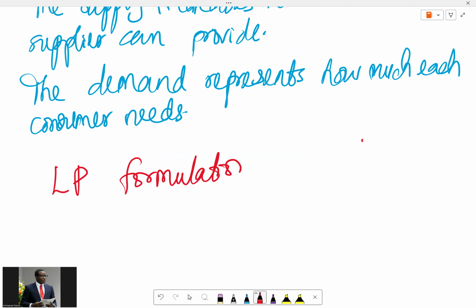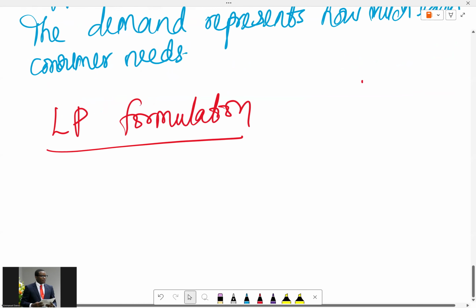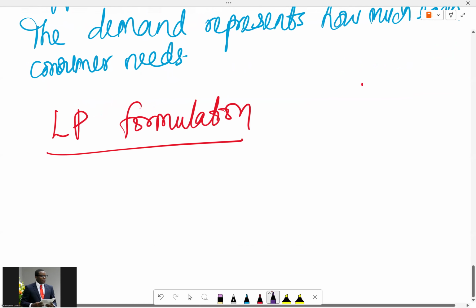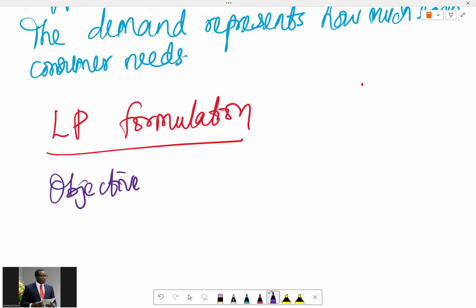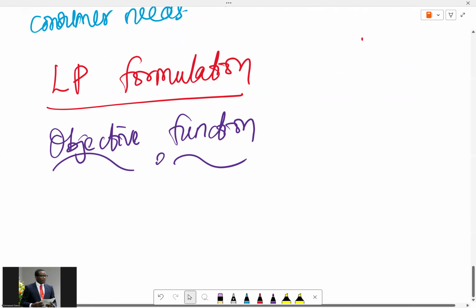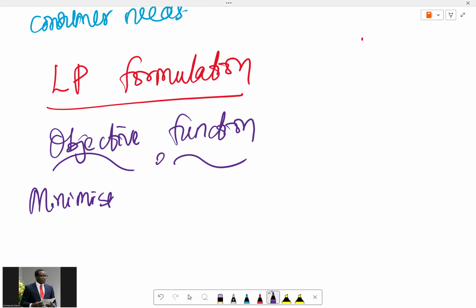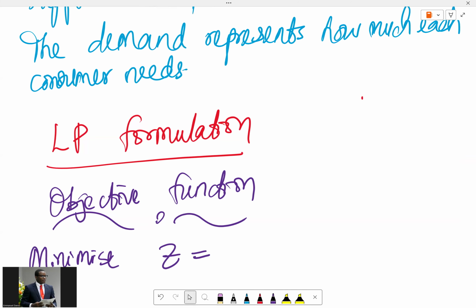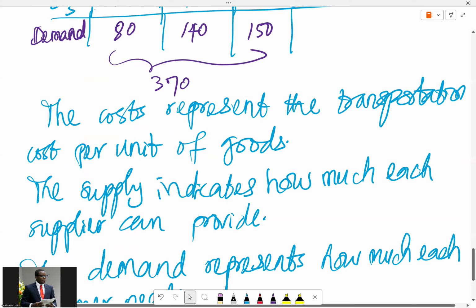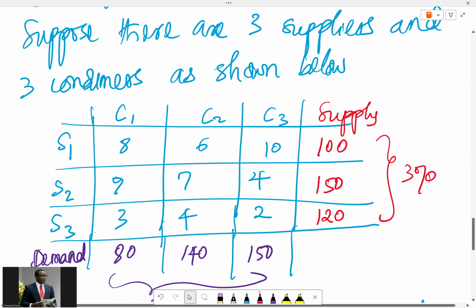LP formulation. So first of all, we have the objective function, just the objective if you like. The objective is to minimize Z equals. Now, of course, just like we did for the supply chain thing, this variable is like X11.